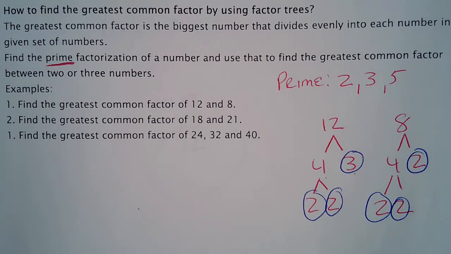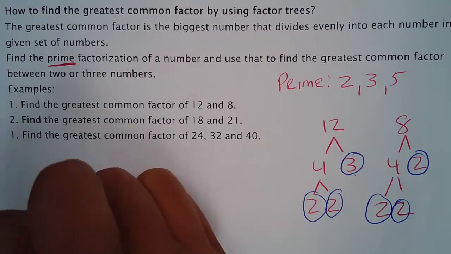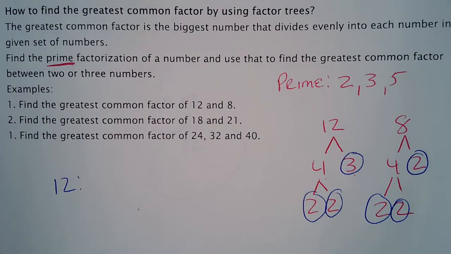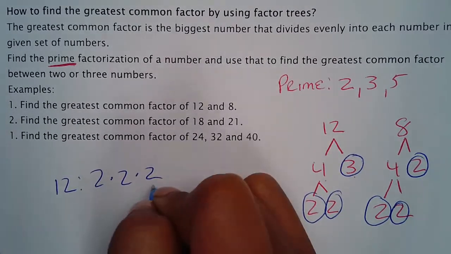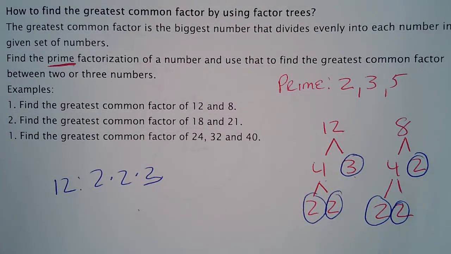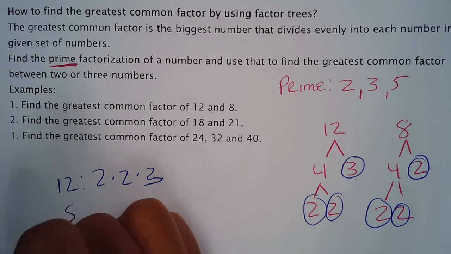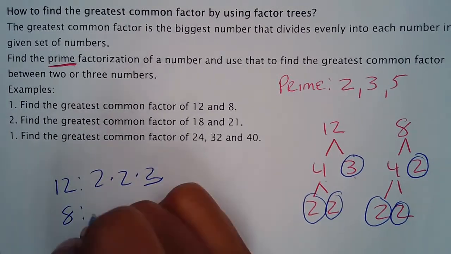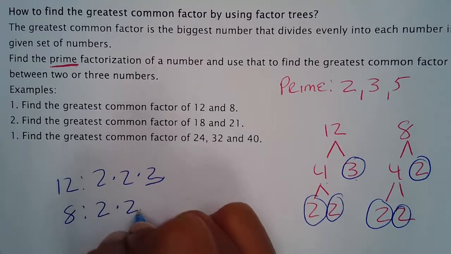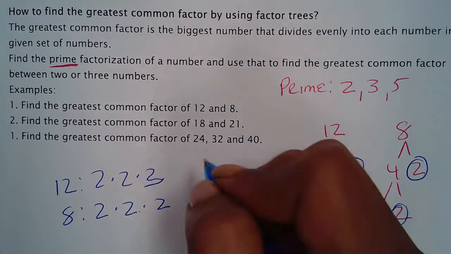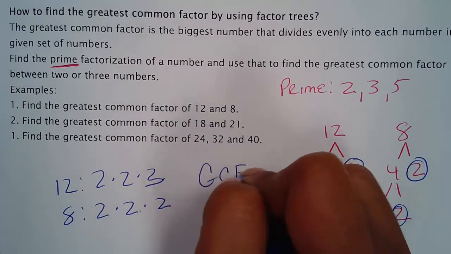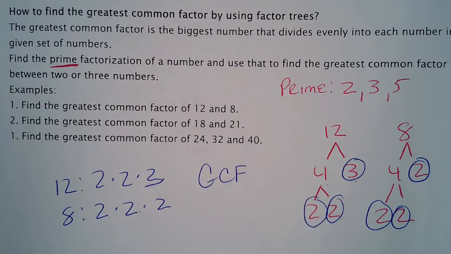All right, off to the side here, I'm going to write 12, and then I'm going to combine all of my prime numbers. So I got 2, 2, and 3. And then for 8, we have 2, 2, and 2. So to find the GCF between these, you pull out what they have in common.